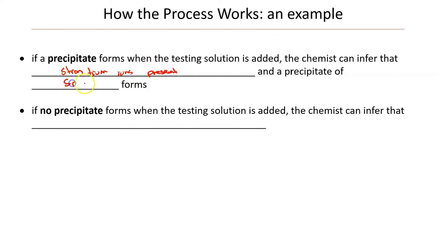And I would form a strontium sulfate precipitate. And if there was no precipitate, the only thing I could say, since this was a test for strontium ions, is that strontium ions are not present.